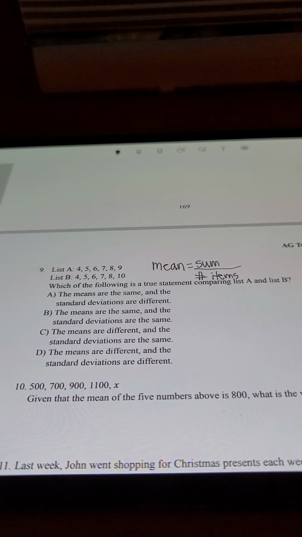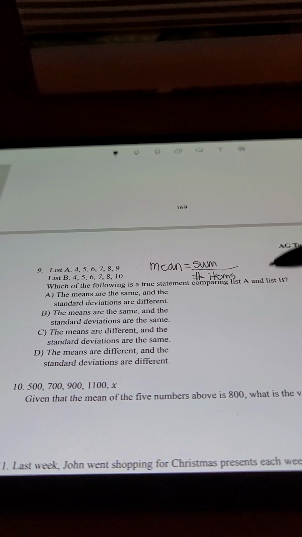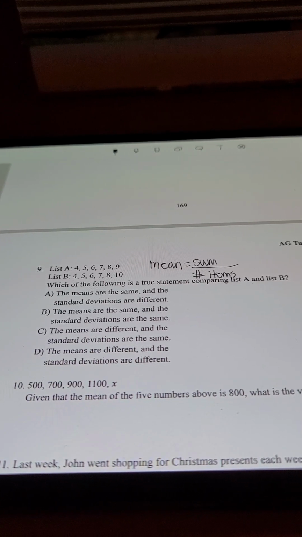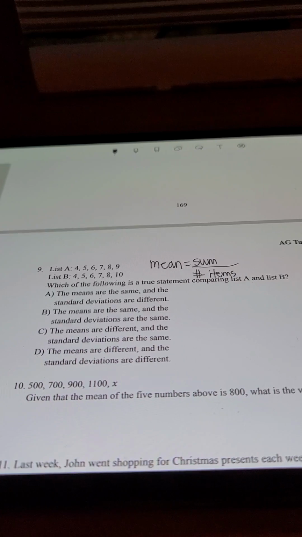So we're adding up different numbers there. Therefore, the sum is going to be different for list A and list B, so we're definitely going to get a different mean. So the means definitely have to be different, so we can cross out A and B now.